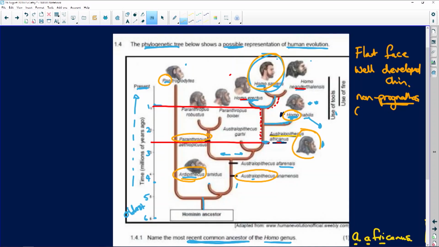The problem is that in exams, they want you to know the term prognathous. So that's why I'm saying non-prognathous. I'm going to put in brackets here: jaw not protruding. Okay. What else can we see here? We can see there are no brow ridges.